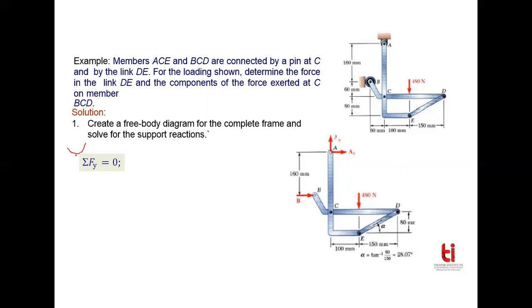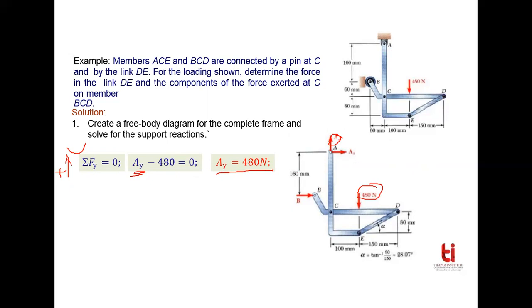So let's start with the vertical force balance, and first of all consider the positive direction. Let's consider the vertically upward direction as positive. So Ay is acting vertically upward, so we take a positive sign, and this 480 is acting vertically downward, so minus sign. So Ay minus 480 is equal to 0.